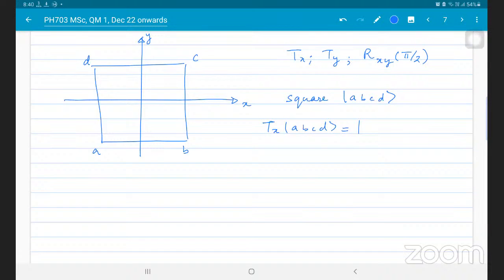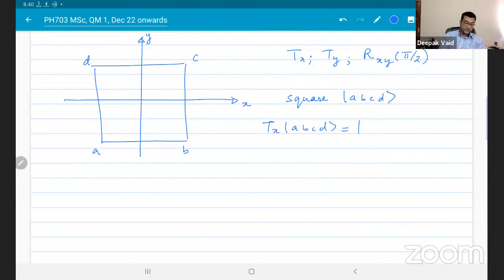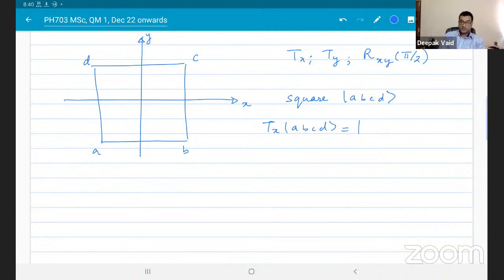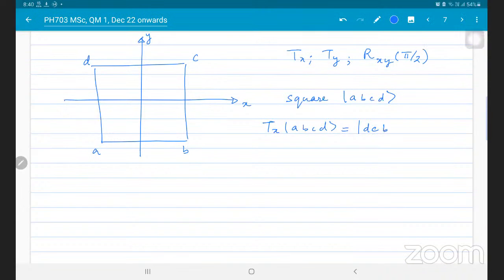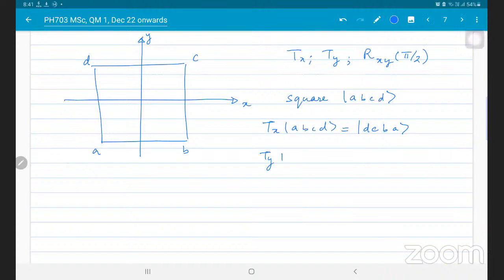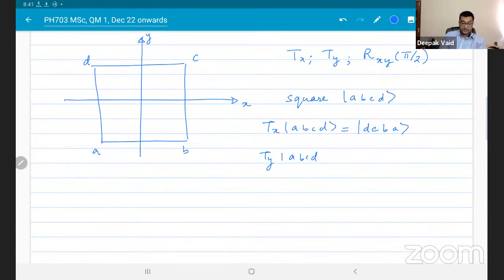BADC. Yes. So under the reflection across the x-axis, D and A will be switched, and B and C will be switched. So you'll get D, C, B, A. Then if I take a reflection along the y-axis, what will I get of A, B, C, D?